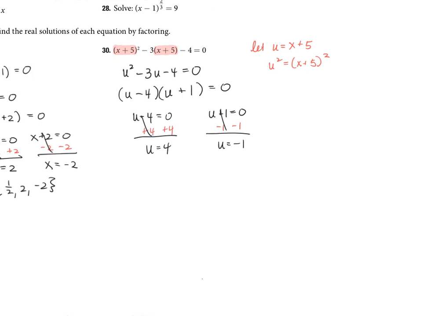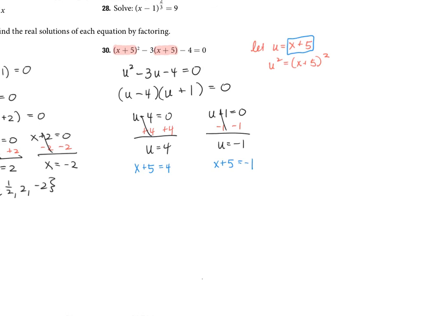Okay, so now we've solved for u, but we need to solve for x. So what we want to do at this point is plug in x plus 5 everywhere we see a u. So we're going to have x plus 5 equals 4 and x plus 5 equals negative 1, because that's what we had u equal.